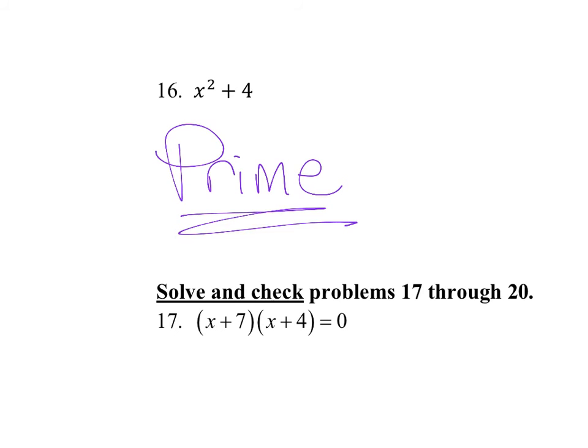This is because there's no way to factor this. The way to see that is, remember in the last section we talked about setting them equal to 0? Well, if I just move that 4, now I have x squared equals negative 4. That's a problem you're never going to work. Anything squared is always going to be positive. It's never going to be negative. So therefore, this is prime.